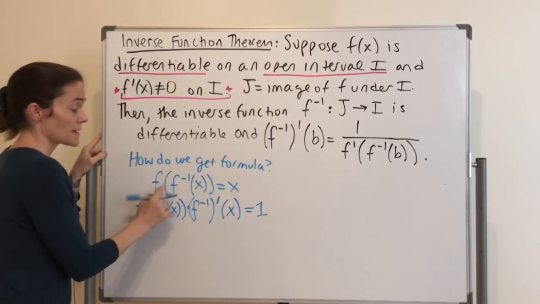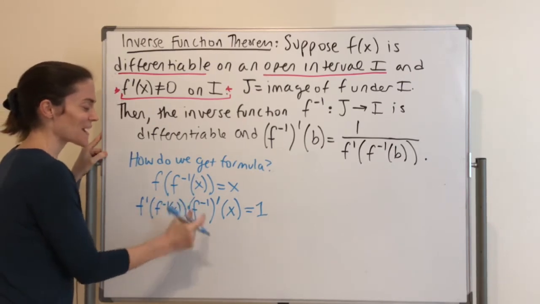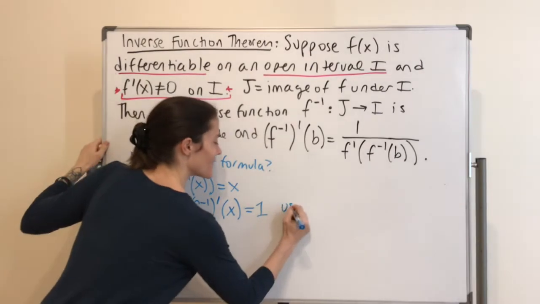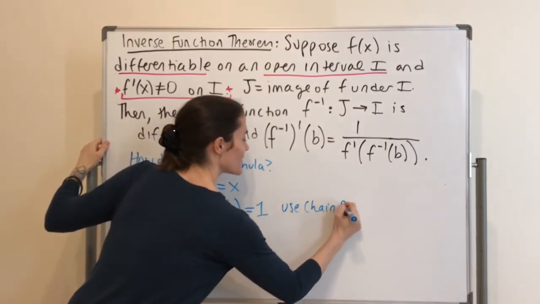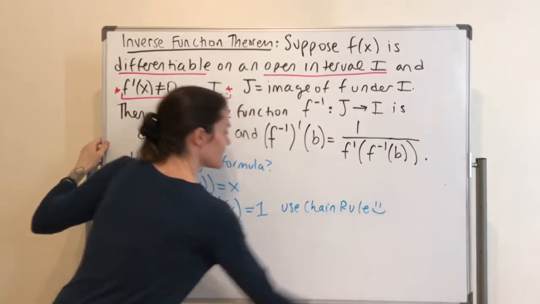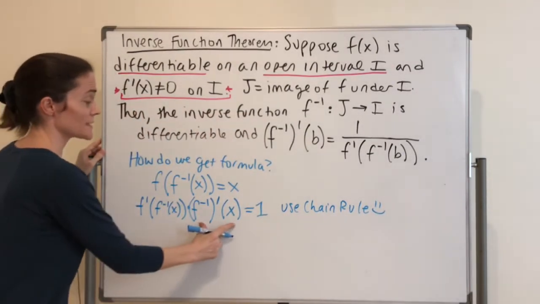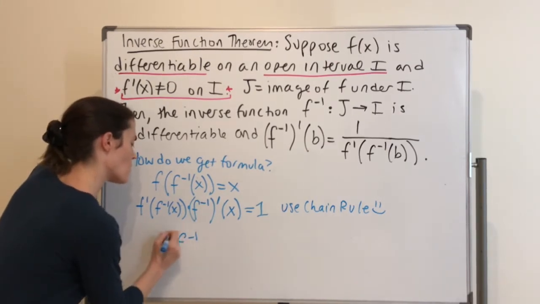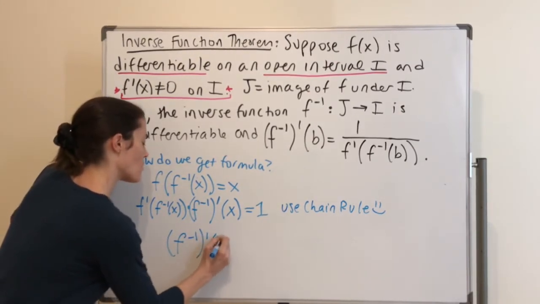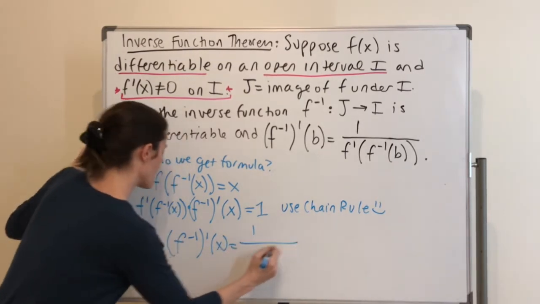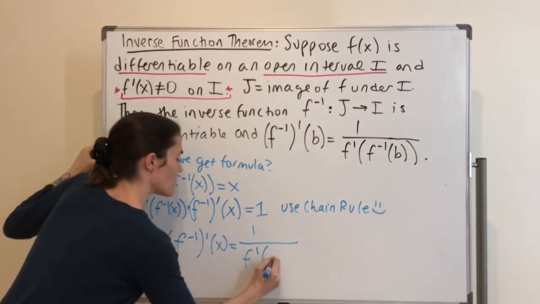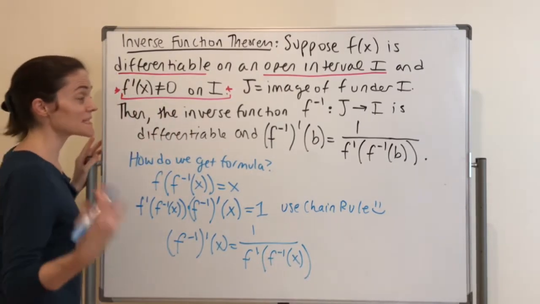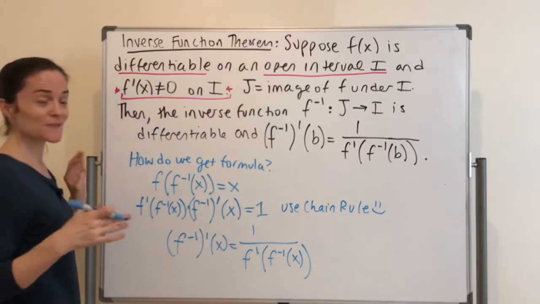Derivative of the outside evaluated at the inside times derivative of the inside function, chain rule. Okay? And then finally, we're trying to solve for the derivative of the inverse function. You see, we get 1 over f prime of f inverse of x. Okay? So this is really where this comes from.